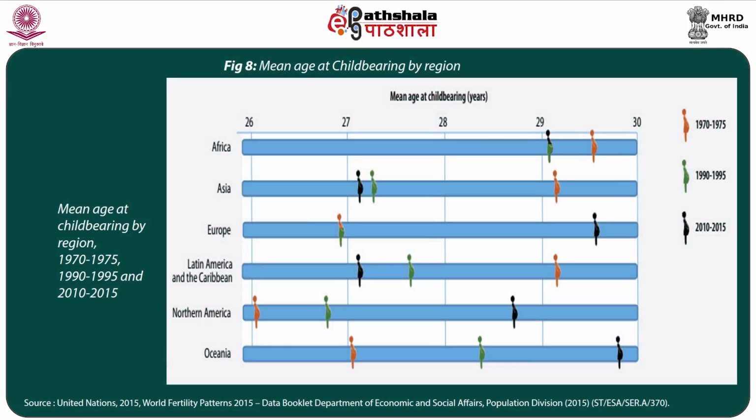Then let us move to figure 8 that gives the mean age at childbearing by different regions. There has been change in the mean age at childbearing over a period of time in almost all the regions of the world.